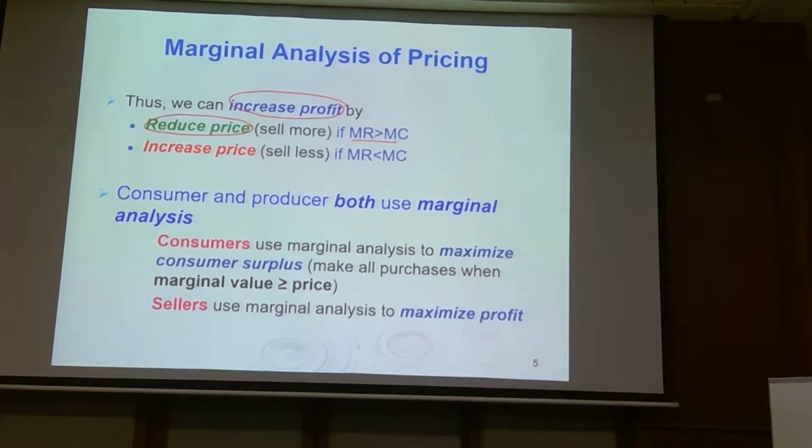So in the case that we reduce the price, the extra revenue still more than covers the extra cost. If we reduce the price so that we can sell an extra unit of product, you're going to find that our profit will increase. On the other hand, if we price the product too low, at the price we decide to charge at the moment, the extra revenue, for example, does not cover the extra cost.